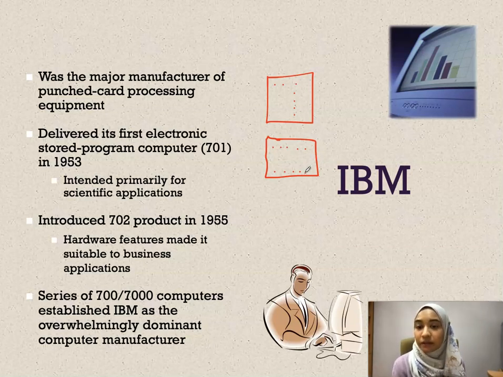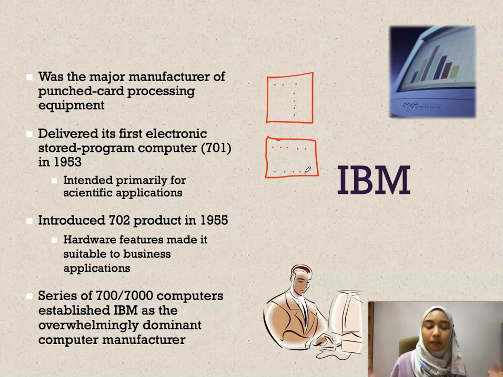Because of this capability, they were able to come up with their first electronic stored program computer in 1953. It was intended primarily for scientific applications, and they introduced the 702 product in 1955. The hardware features made it suitable for business applications.